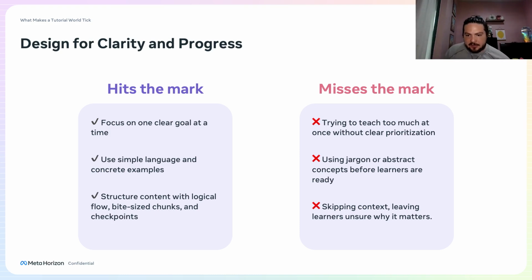Something else that hits the mark: using simple language and concrete examples. Actually, let's rewind for a second. I want to talk about missing the mark on focusing on one clear goal, because hitting the mark and missing the mark correlate.